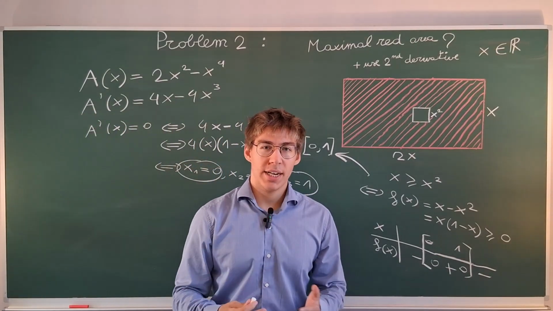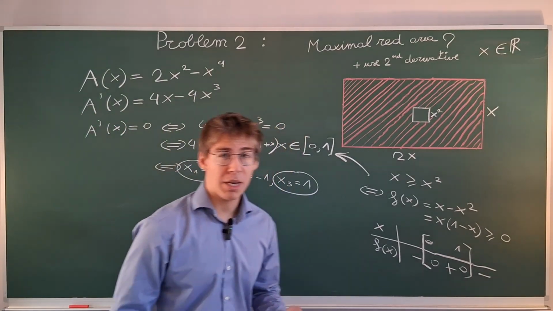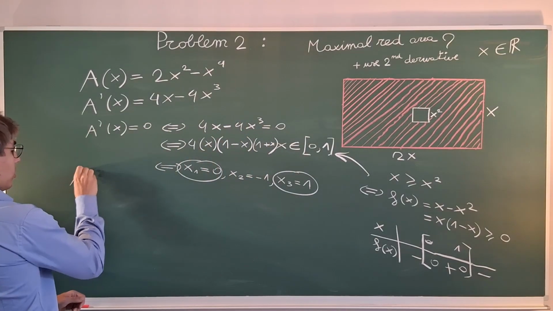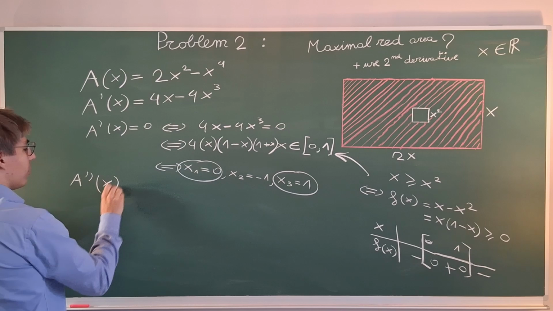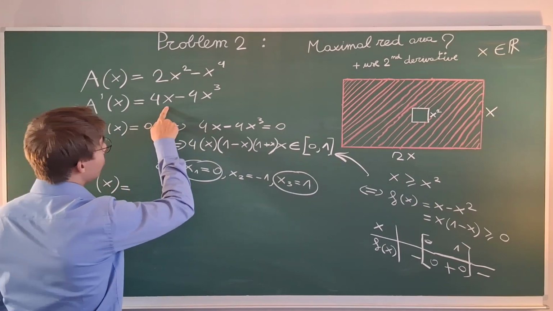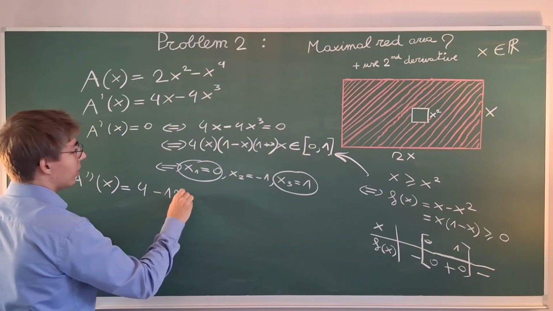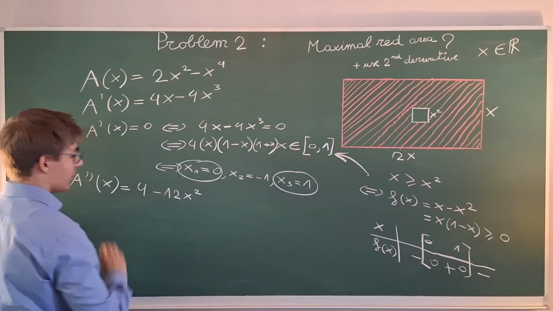So let's now check the second derivative to see if these points are minima or maxima. The second derivative is equal to 4 minus 12x squared.